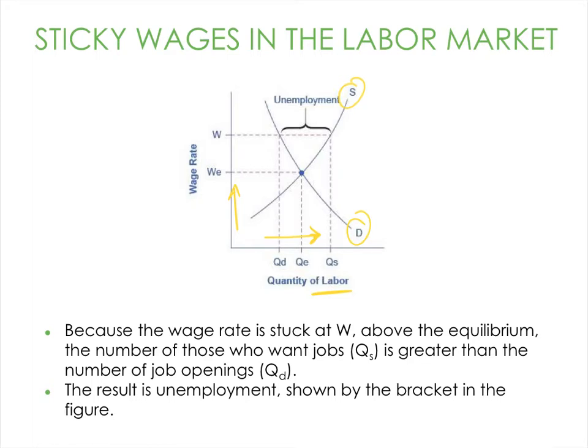Meanwhile, the employers hiring the labor, the demanders, experience the opposite relationship between wage and quantity. They like to hire more people when the costs are lower. Because they're under cost constraints and want more profit, they're going to hire more people when wage rates are lower. So it's a negative relationship between the wage rate and the quantity of labor demanded by employers. Okay, so that leaves us here.